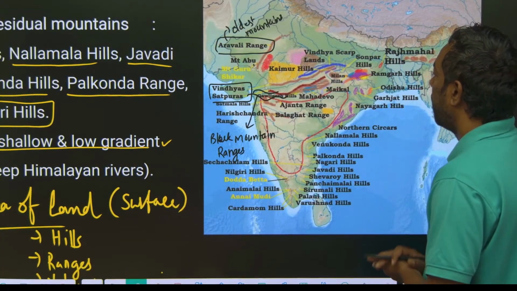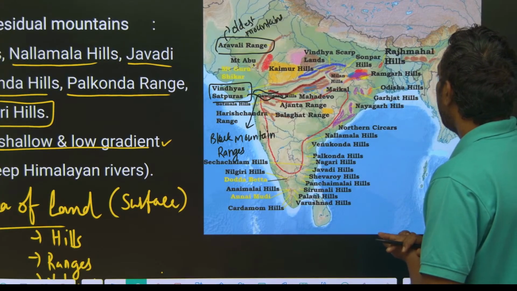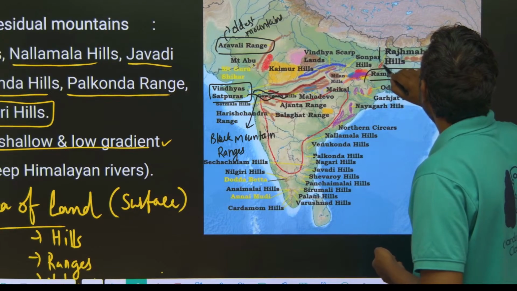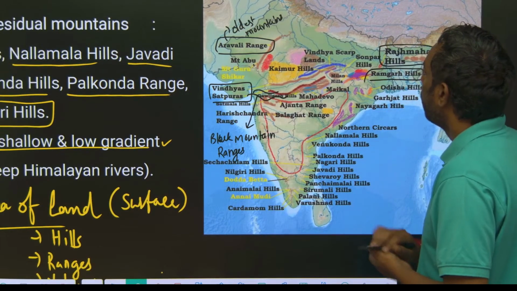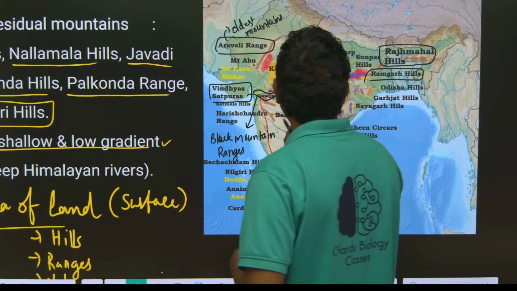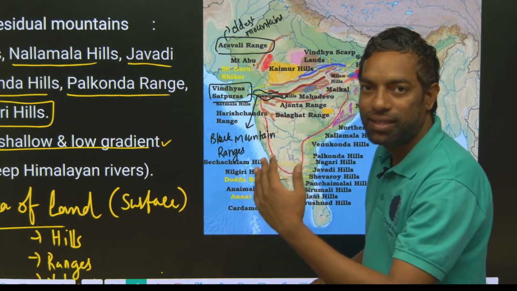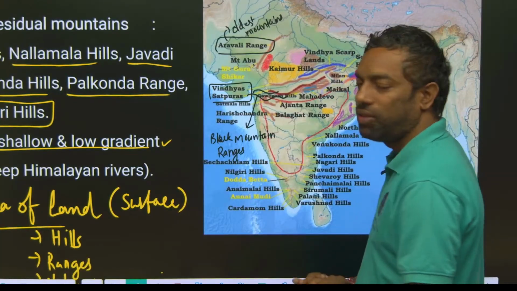Okay, guys, here the main Ramagir Hills, Rajmahal Hills, Vindhya ranges and Satpura ranges. Vindhya is the north side, Satpura is the south side, guys.